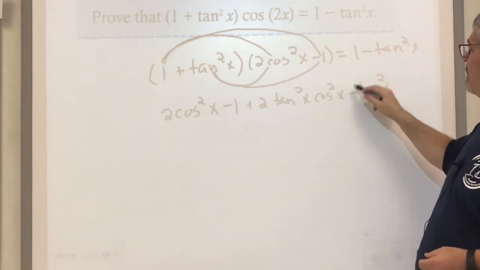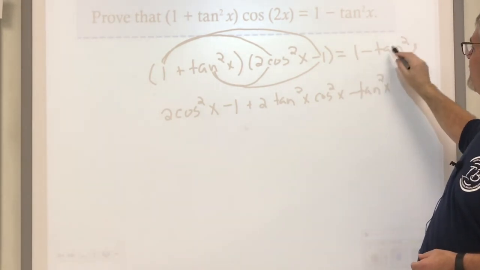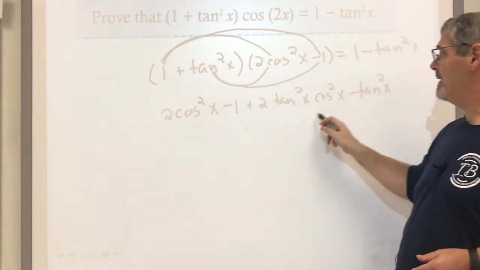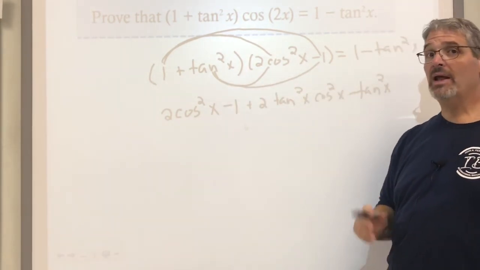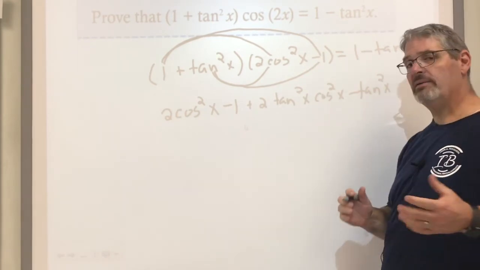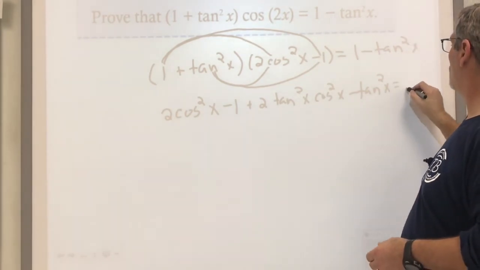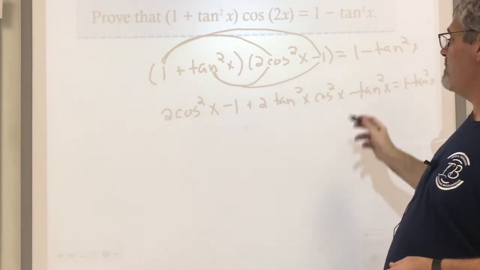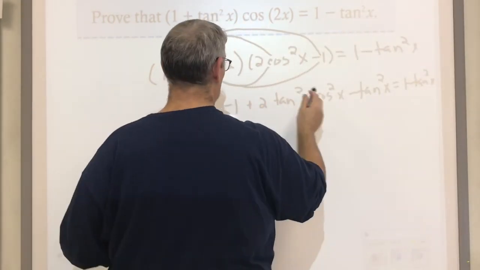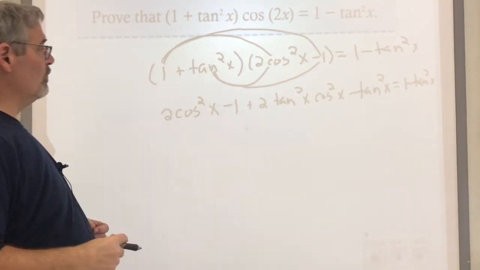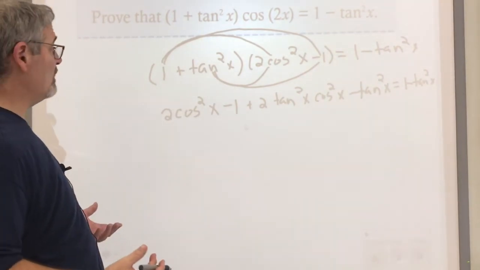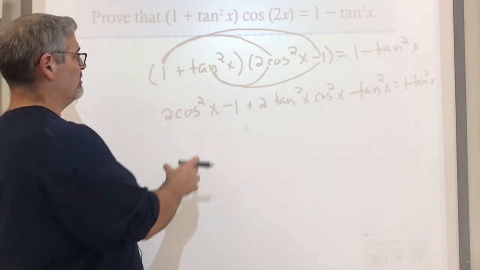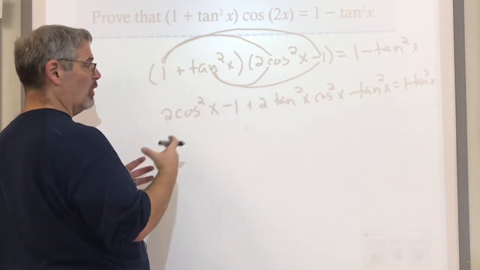Notice here, I already have this part, the minus tangent squared x. So I've got to make this whole thing equal to 1. Not an easy thing to do, but little by little, 1 minus tangent squared x. So how do I make this whole thing equal to 1? Well, first, let me get this part and this part close together.